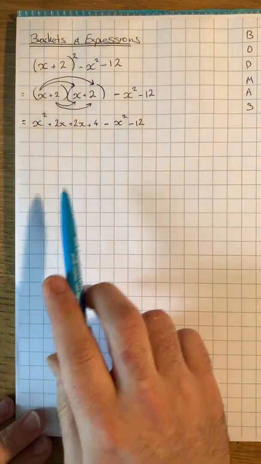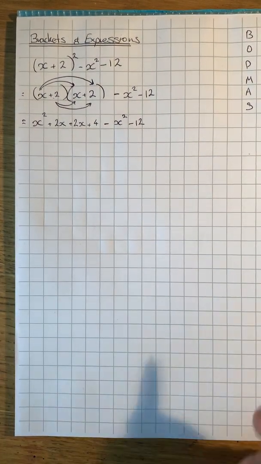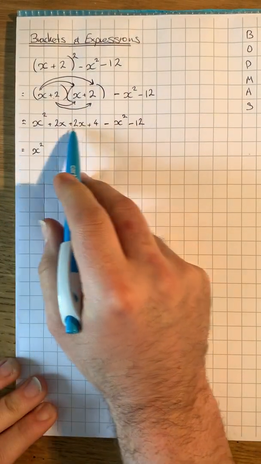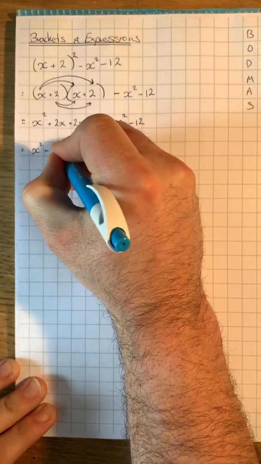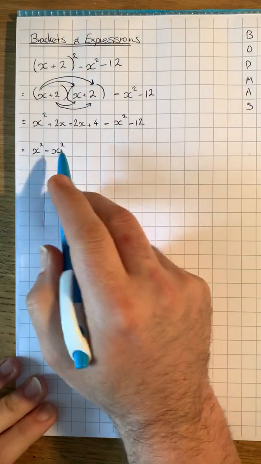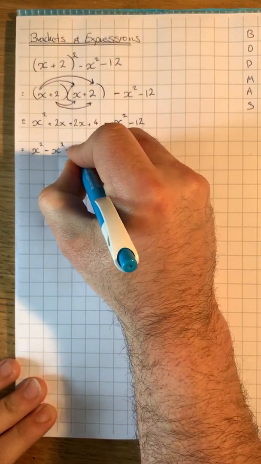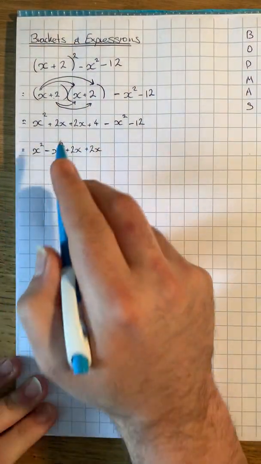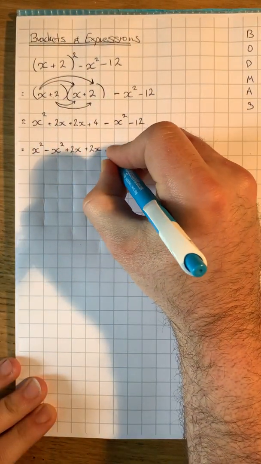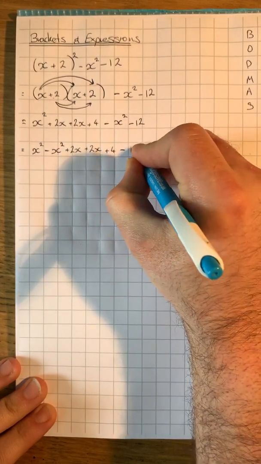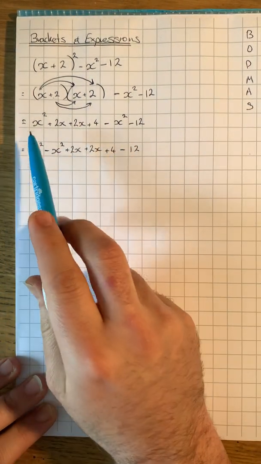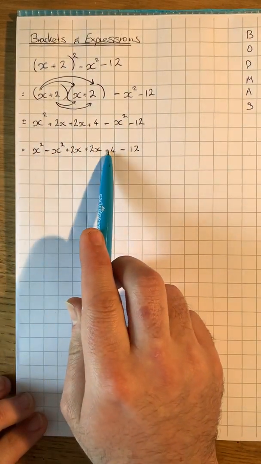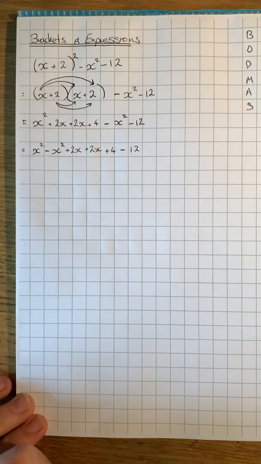Now our next step would be to tidy up and bring everything together where we can. So we have an x squared, and then we've got a subtract x squared, then we've got plus 2x, another plus 2x there and there, and then we have add 4 and take away 12. Just to make sure, 1 2 3 4 5 6 terms up here, 1 2 3 4 5 6 terms down here, so we've included them all.